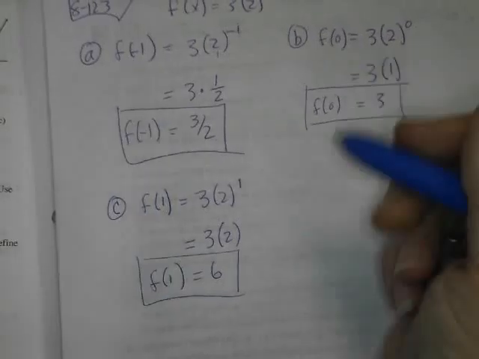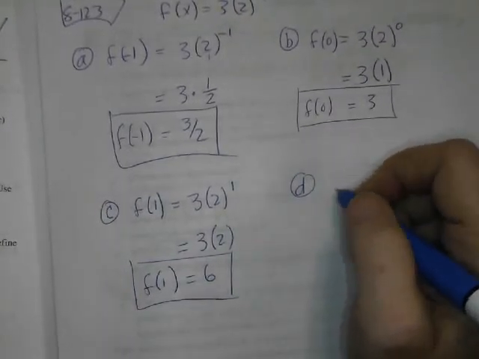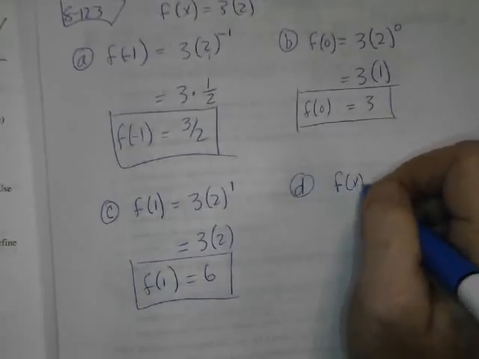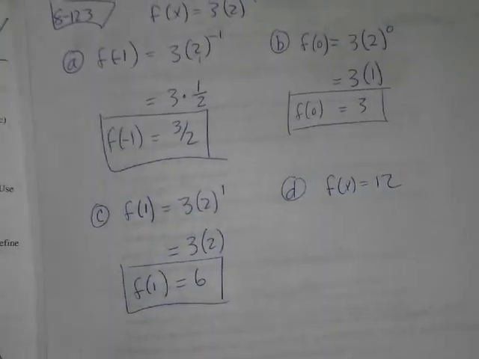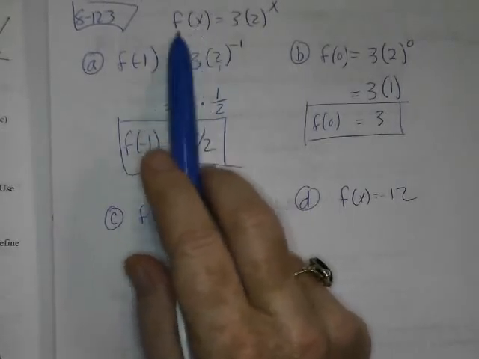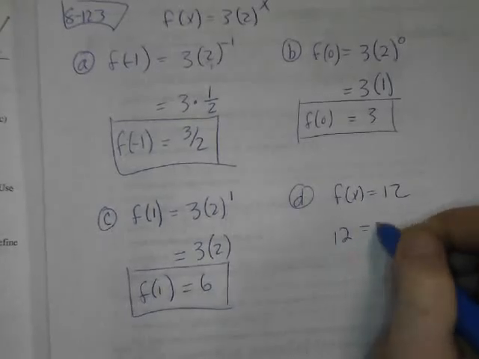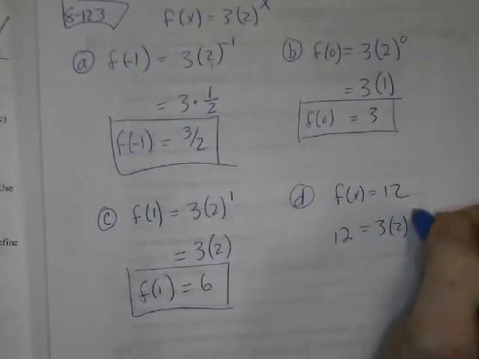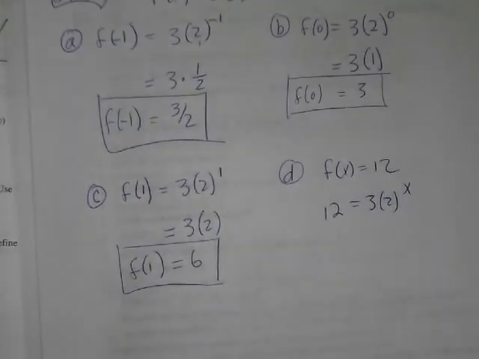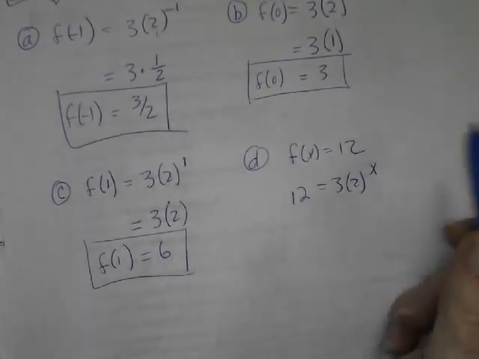Okay, and then letter D says, what value of x gives f of x equals 12? So in other words, when f of x is 12, I'm going to put in 12 equals 3 times 2 to the x, and I'm going to ask myself what power of x is going to make this true.